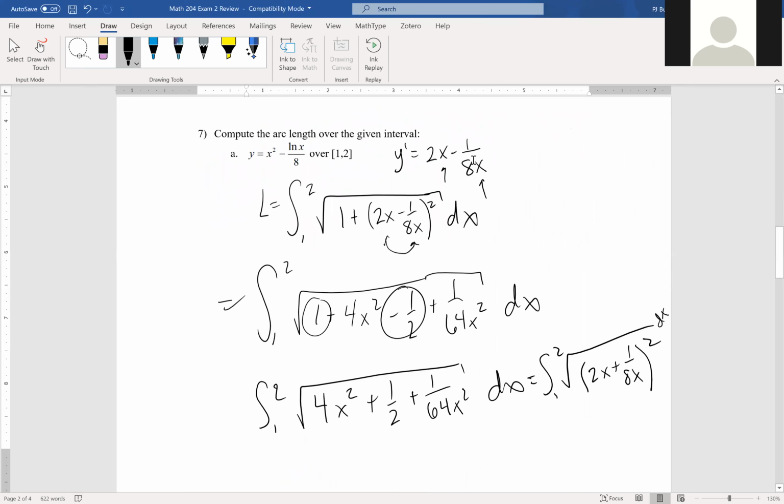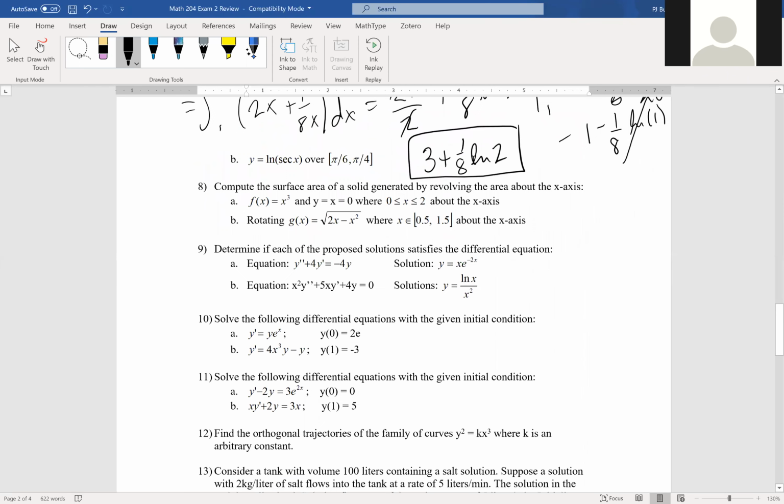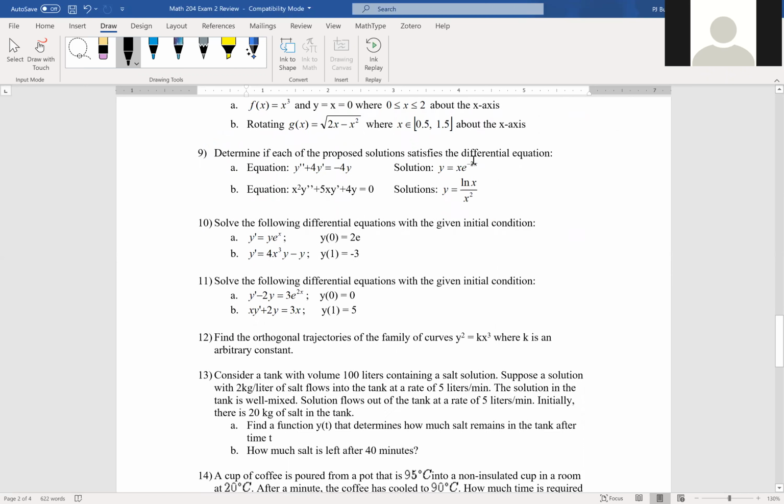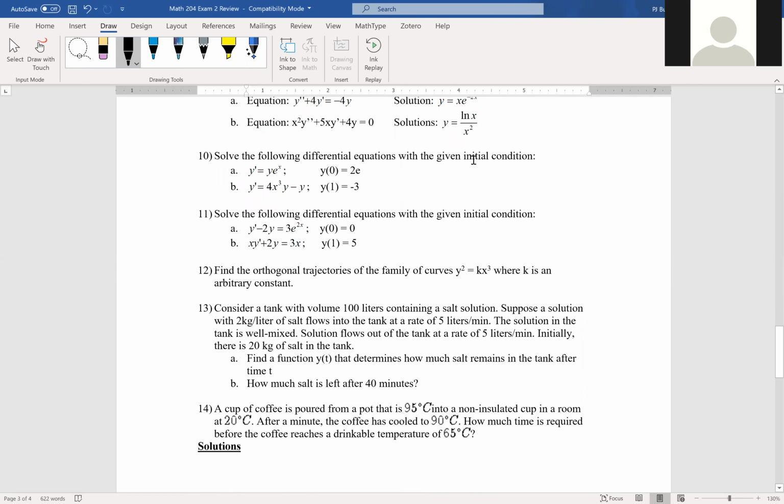All right, when he asked me to do orthogonal, number 12, I believe. So first thing is take the derivative. If we do it implicitly, this is 2y dy dx equal to 3kx squared.